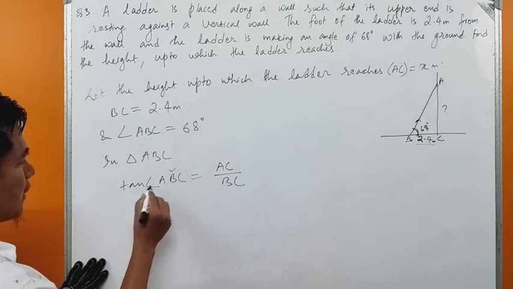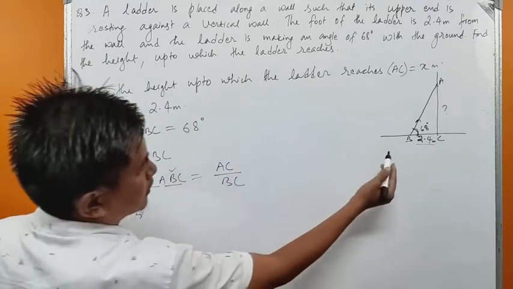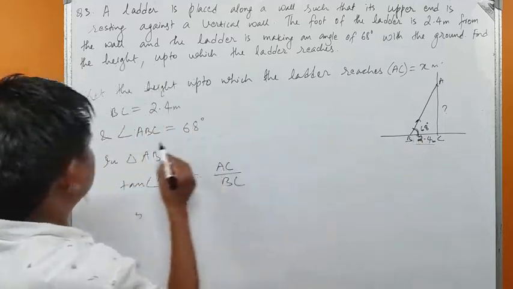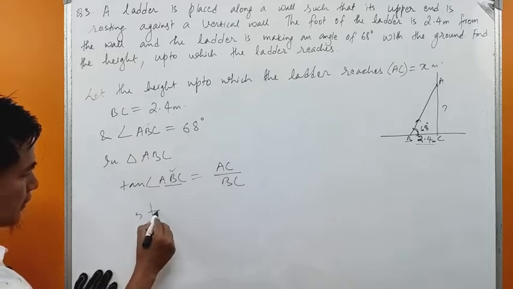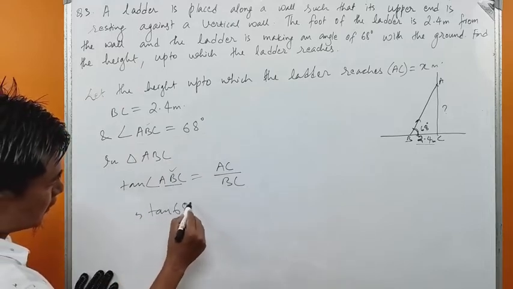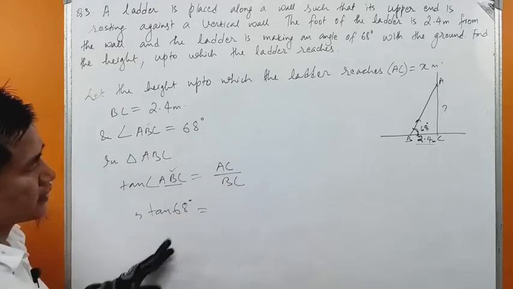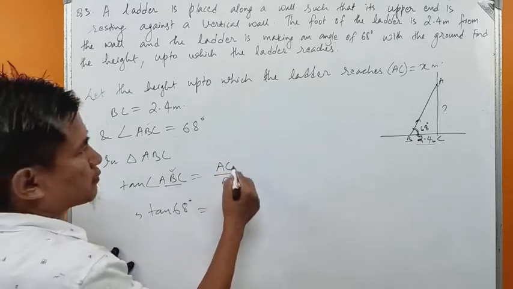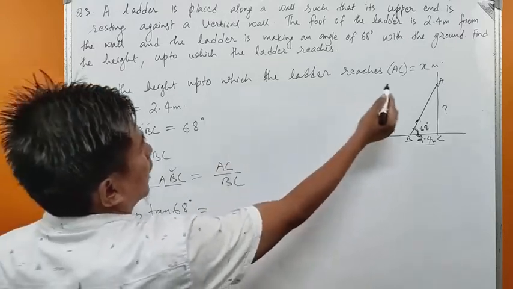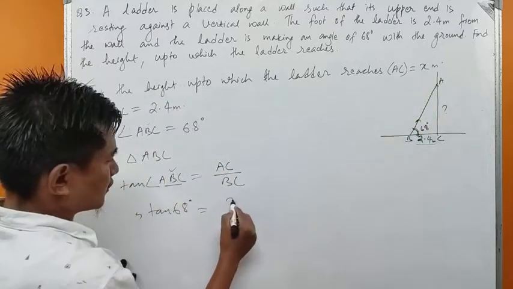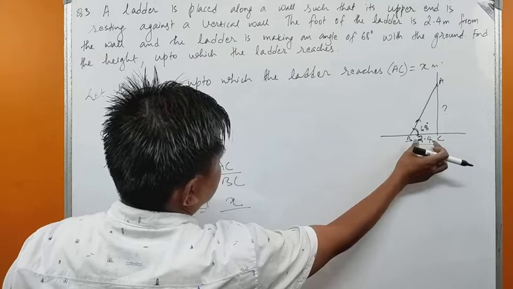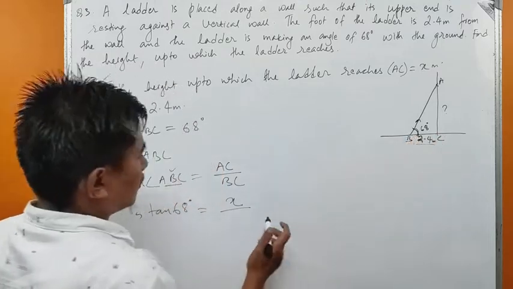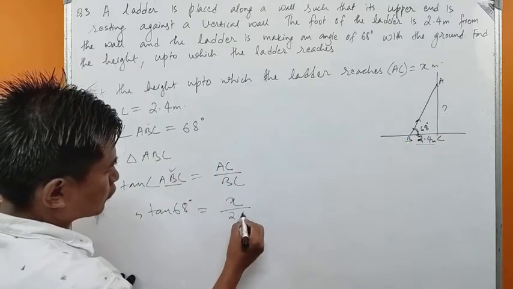Now angle ABC is given to us as 68 degree. Tan of 68 degree equals AC upon BC. AC is the perpendicular, which we are being asked to find. AC is x, isn't it? So BC is the distance of the foot of the ladder from the foot of the wall, that is 2.4.